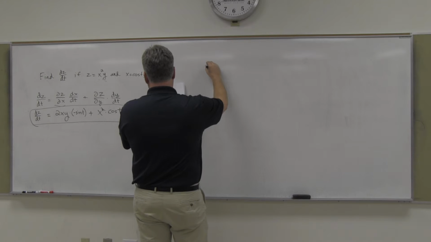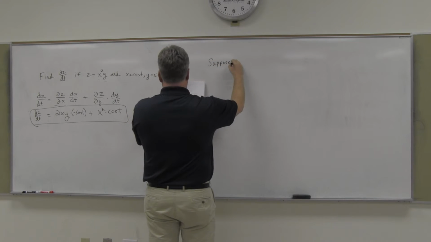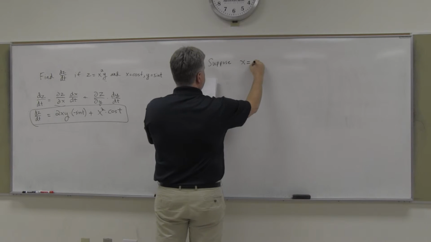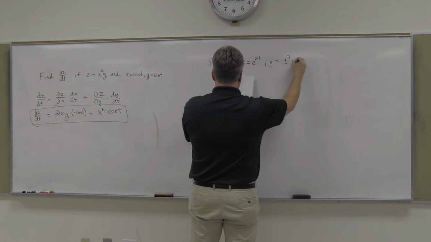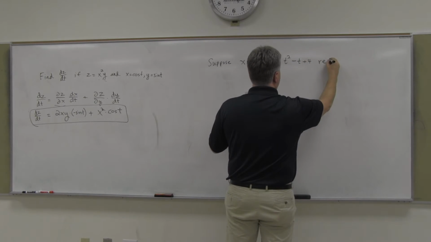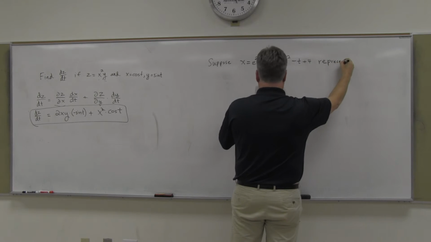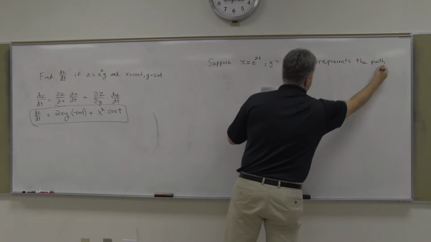All right, so let's suppose x equals e to the 2t, y equals t squared minus t plus 4. Suppose that represents the path the particle is traveling.